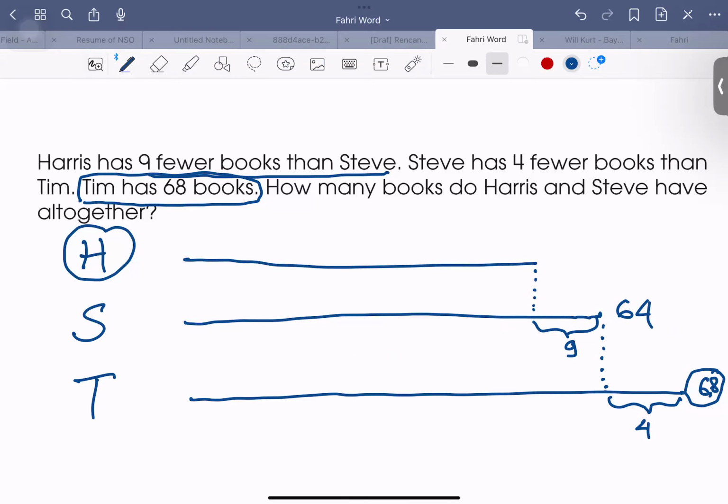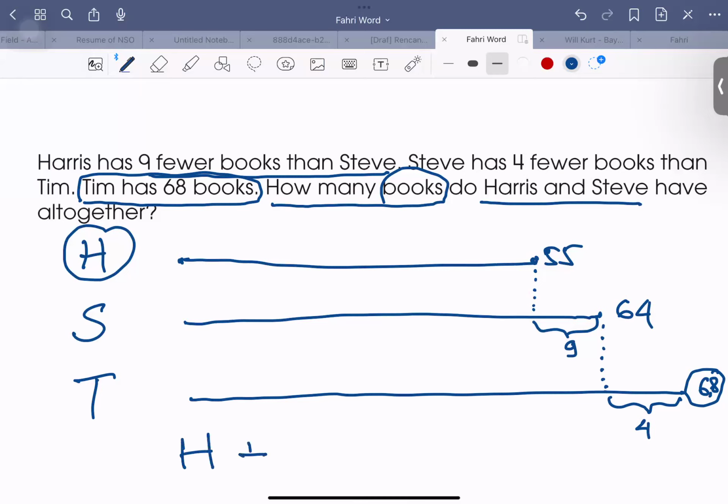How about Harris? What's the line of Harris? 55. Cool. Then the question is, how many books do Harris and Steve have all together?